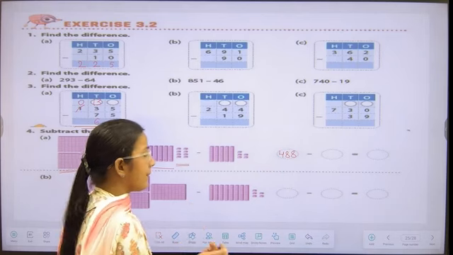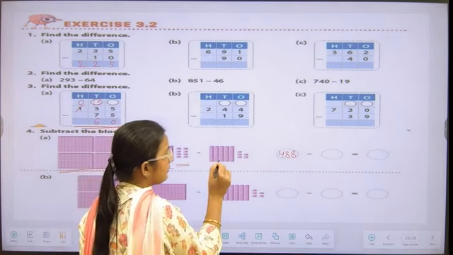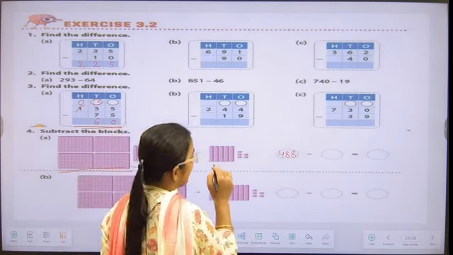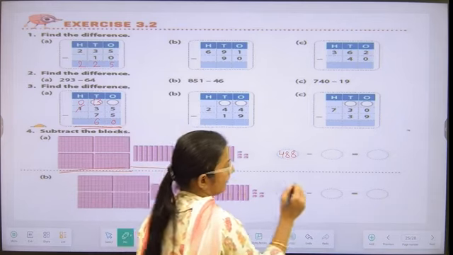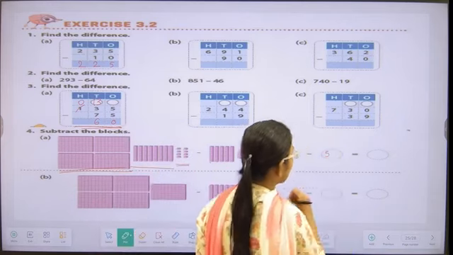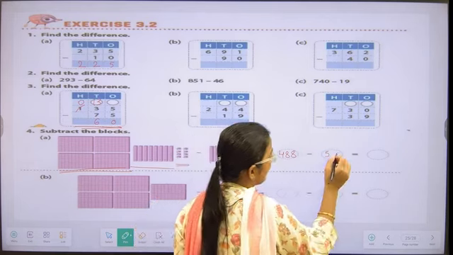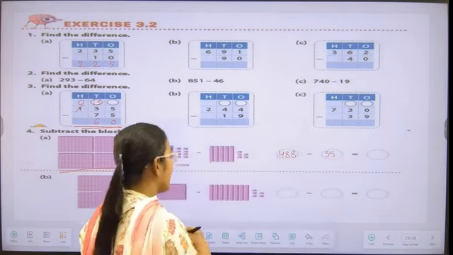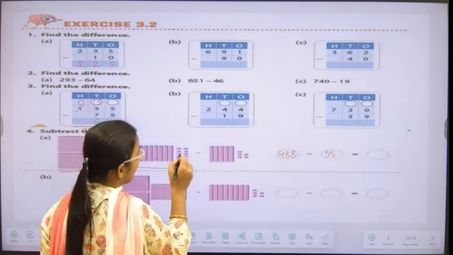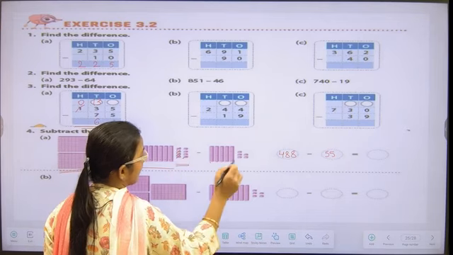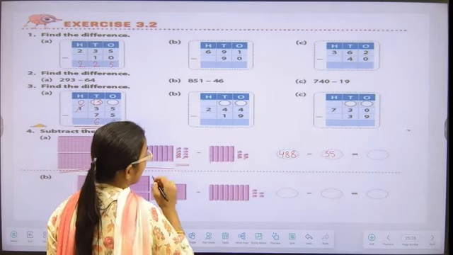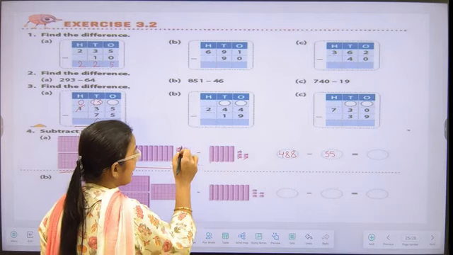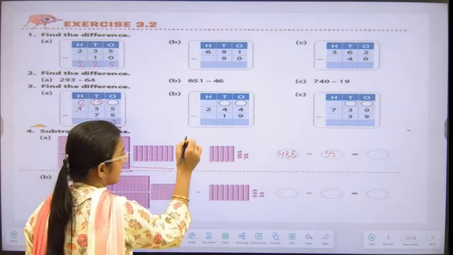Now what do we have to subtract? We have to subtract 1, 2, 3, 4, 5. We have to subtract only 5 tens blocks and 5 ones blocks. So let's start with the ones blocks. We have to subtract 5 ones blocks. We are subtracting them. So how many ones blocks are we left with? We are left with 3 ones blocks.